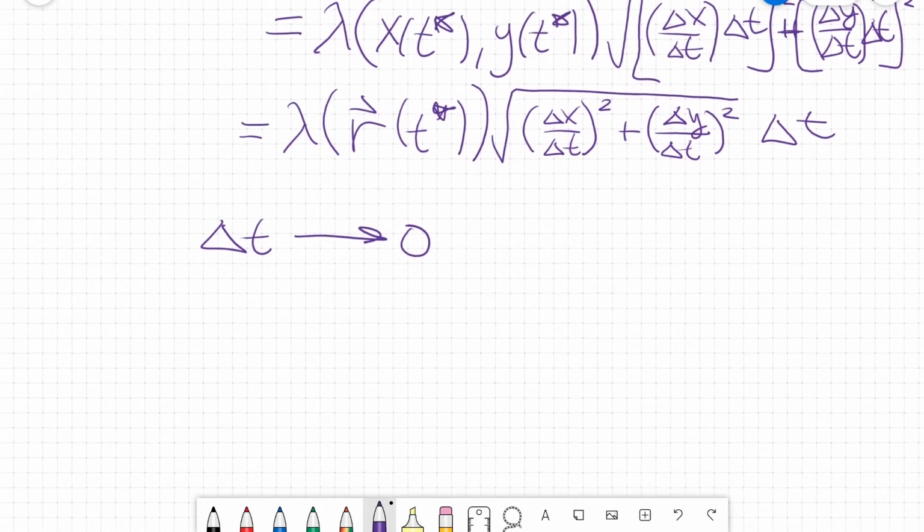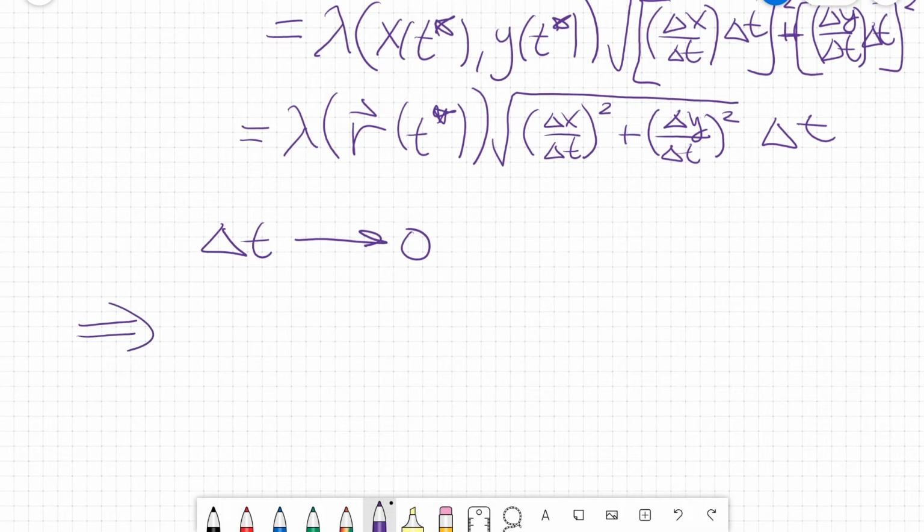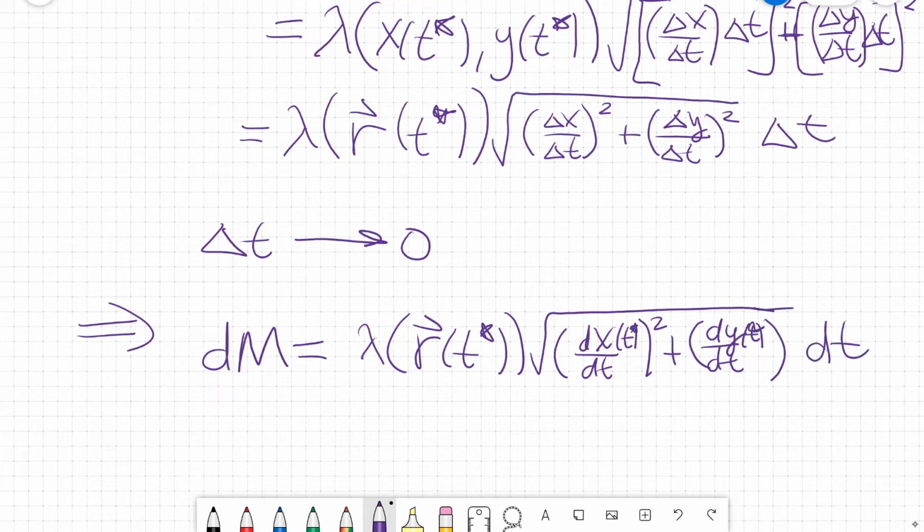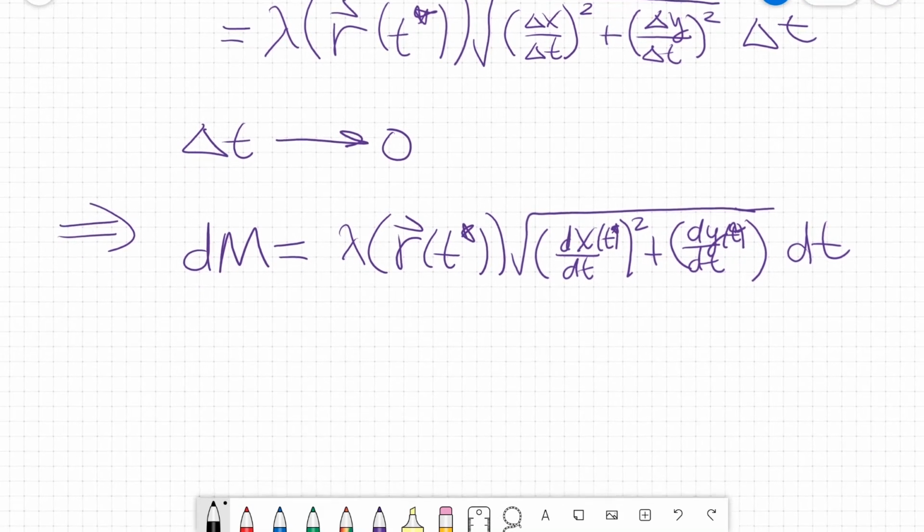This will then give us a small mass for a small string. But notice when taking delta t to 0, we're actually getting derivatives now of x, which depends on t, and y, which also depends on t. So this is the mass of that small piece of string.